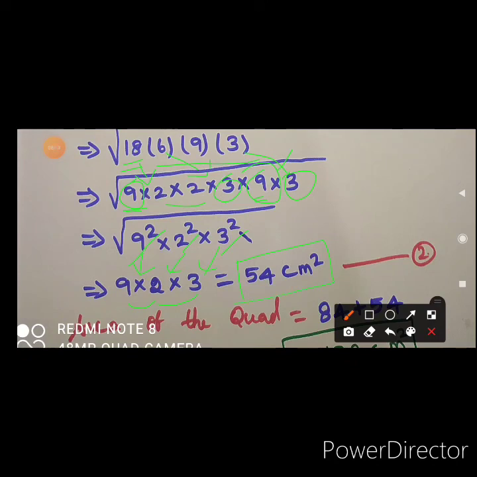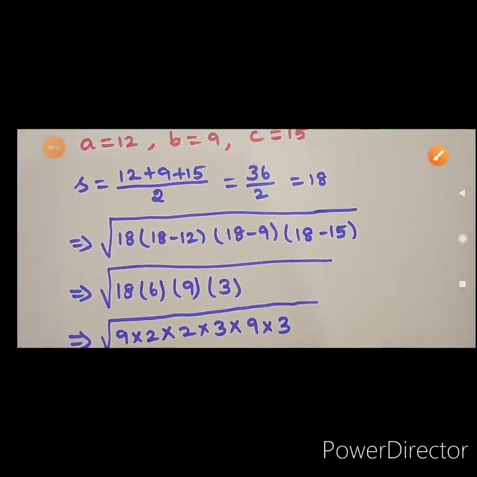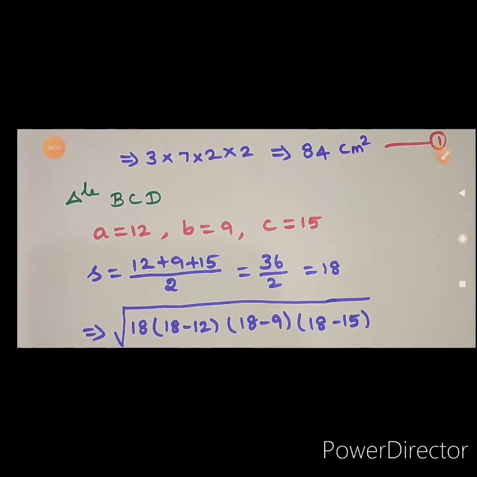The area of the triangle BCD is 54 centimeter square.